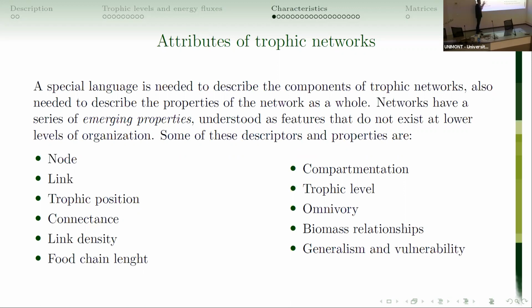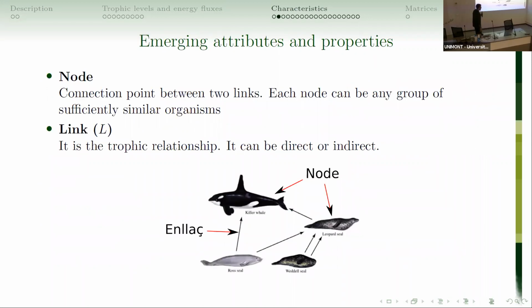So these descriptors help us describe the resilience or the resistance of the community in front of these perturbations. Okay, so let's start. First, a bit of vocabulary that we use here.